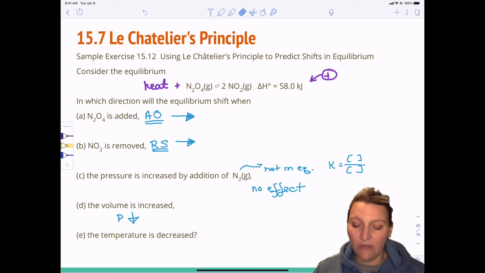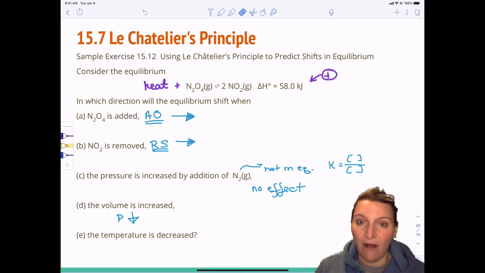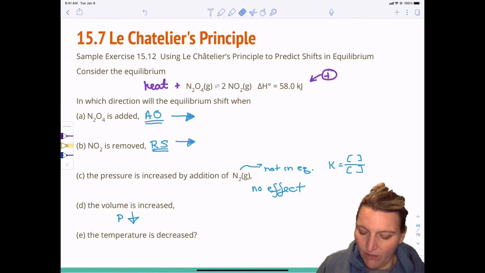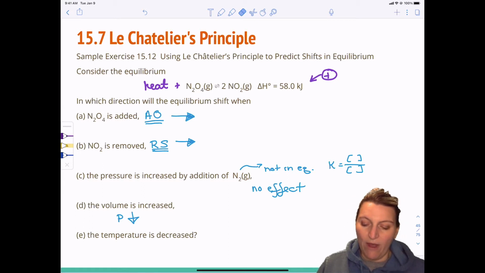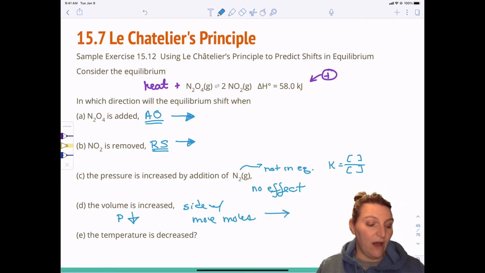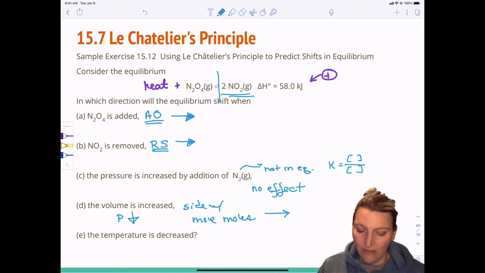And if the pressure is decreased, then the opposite of that would be increasing the pressure. And increasing the pressure would be to shift to the side with more moles of gas, which again is the right-hand side. If I think of this side, it has 2 moles of gas and the other side only has 1 mole of gas.